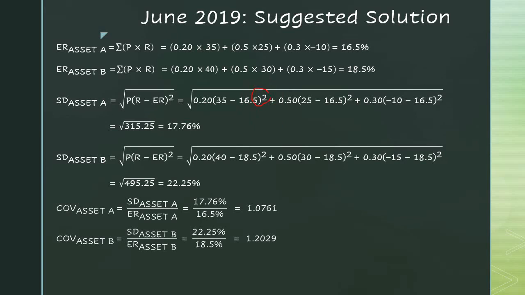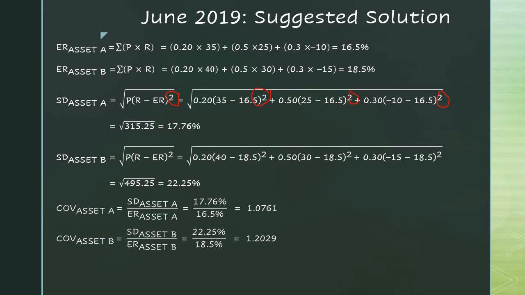So please remember to square this. Oftentimes I find students forget to put a square in the calculation, and then they say that there is no risk attached to asset A, which is wrong. Please remember to square your deviations.